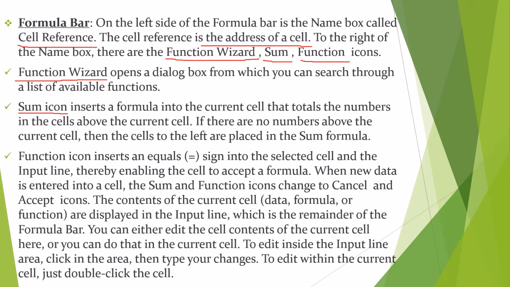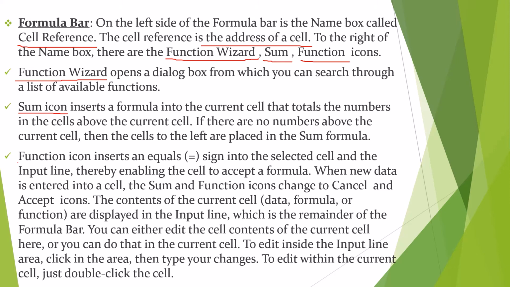Calc will automatically take the cells to the left which are placed in the sum formula. Means if there are no numbers available above the current cell, then the cells to the left are placed in the formula of sum. Now, what is the task of function icon?